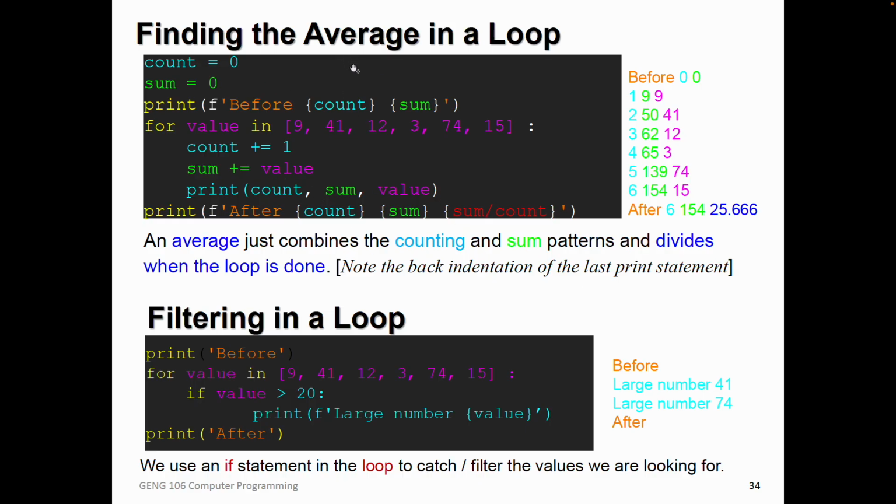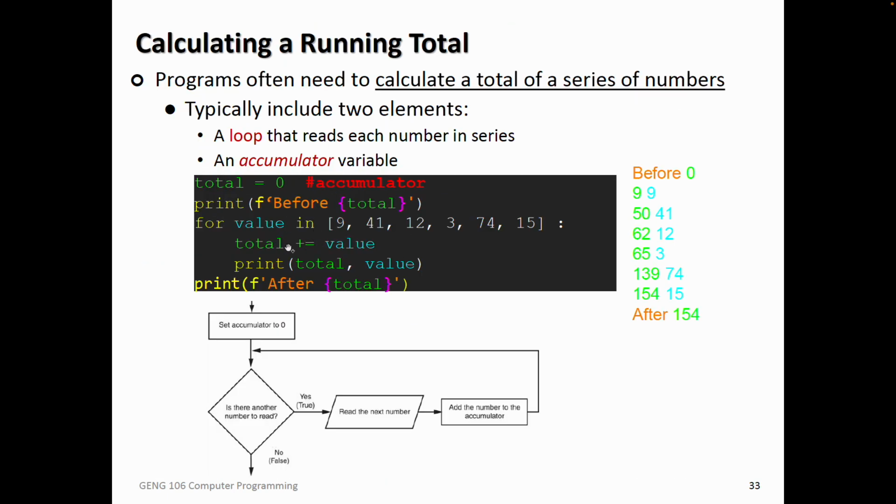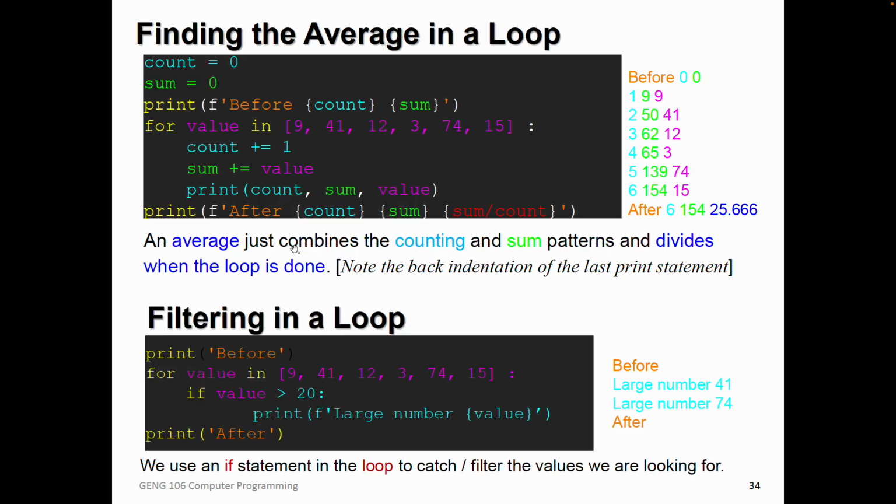How can we find the average number? Well, what is an average? Total divided by the number of items. So first, I know how to find the total value of scores from the previous slide, but I just need to add one more thing, which is once I find the total, I need to divide it by the number of items. So how can I know how many items are there in the list? Well, I can also count it.